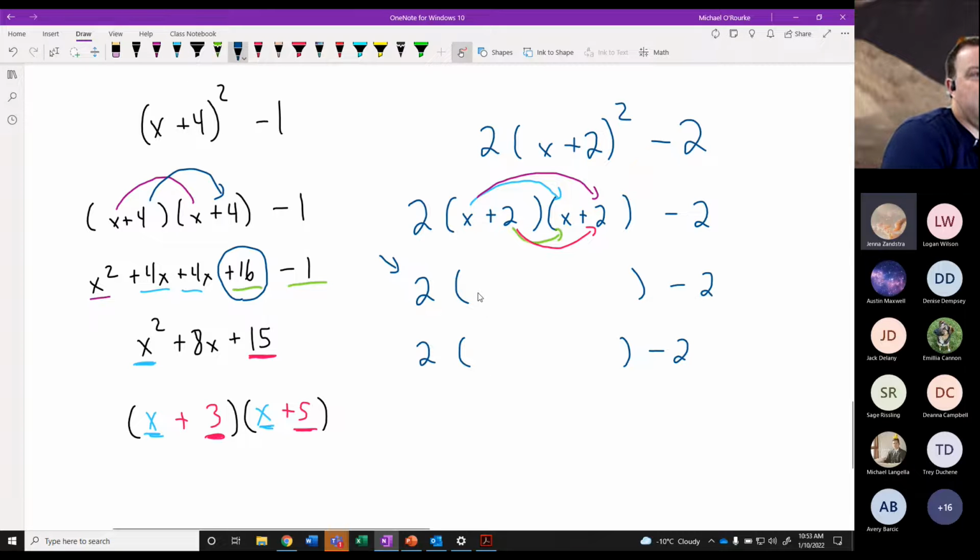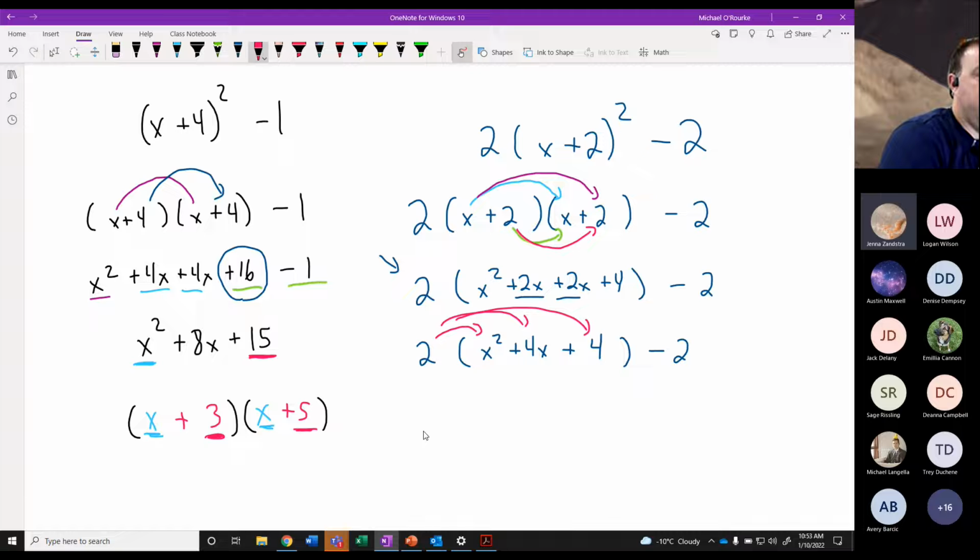So you should have something like this. And then you combine these two to make this. Now, Brooke, multiply this 2 in. Tell me when you're done that.